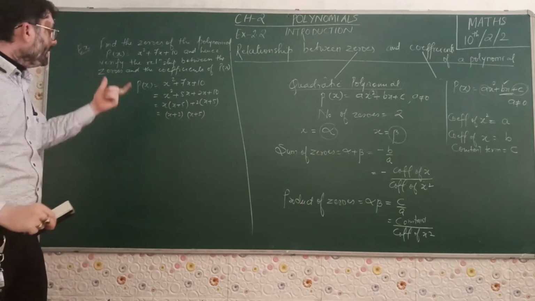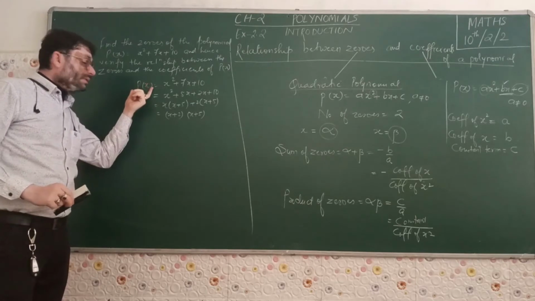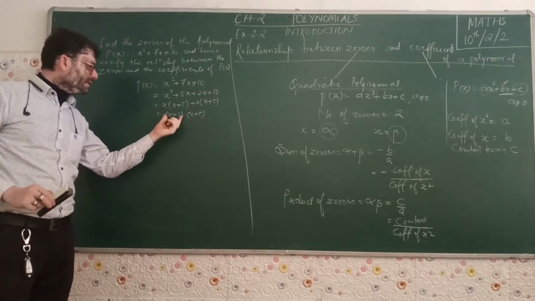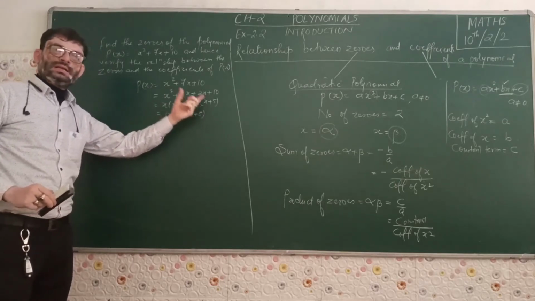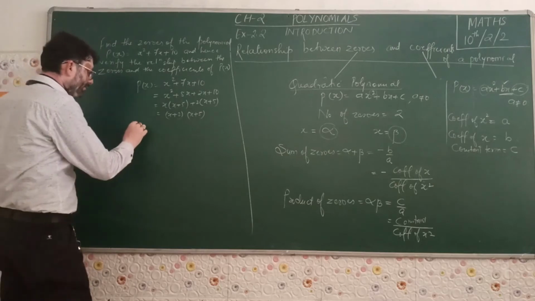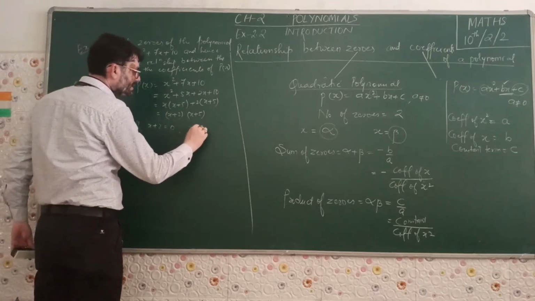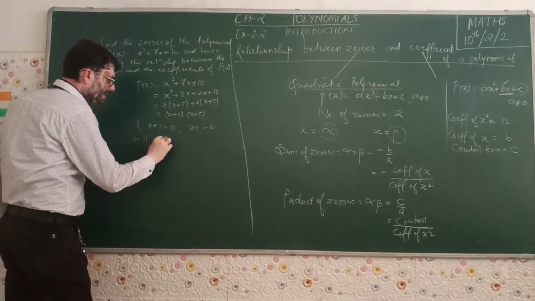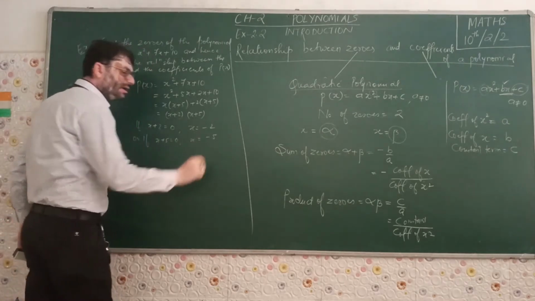In order for the polynomial to be 0, either of these would be 0. So if x plus 2 is equal to 0, x is equal to minus 2, or if x plus 5 is equal to 0, x is equal to minus 5.